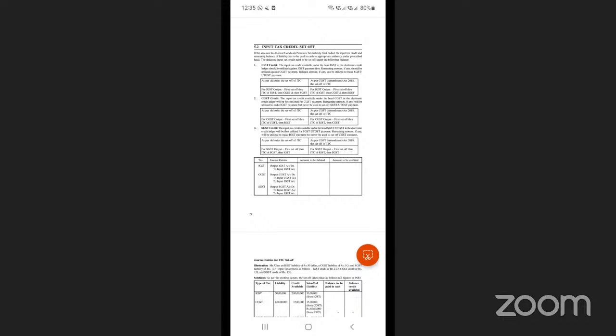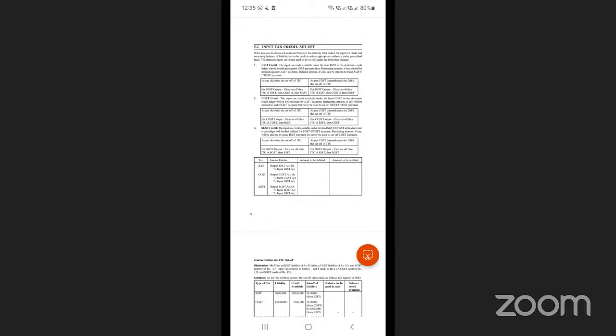And we are supposed to pass the journal entries relating to this. So whenever we are taking the settlement of input tax credit, taking IGST as a base, then output IGST account debit to input IGST account. This is the journal entry supposed to be passed in case of IGST.